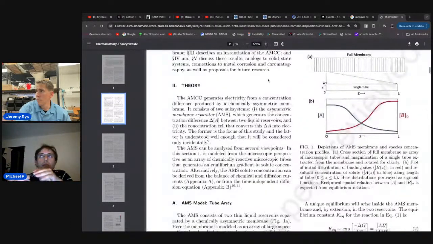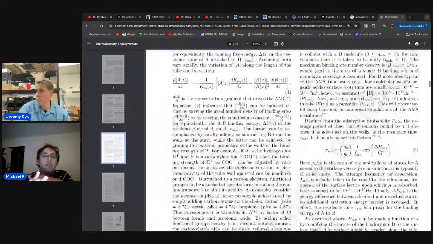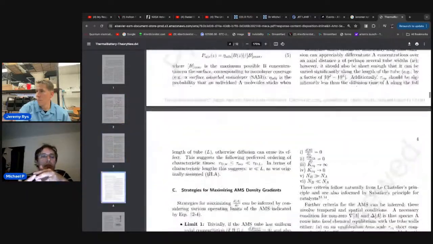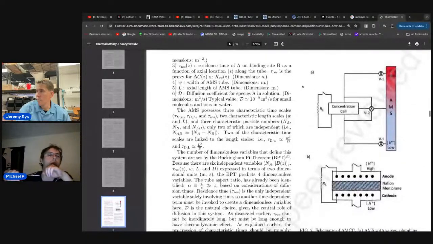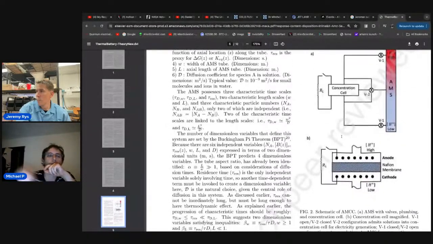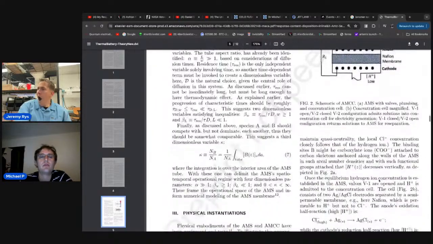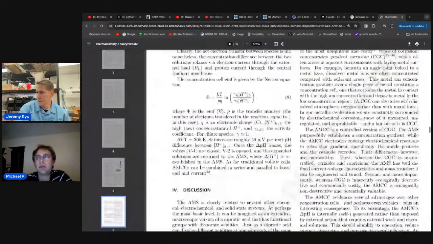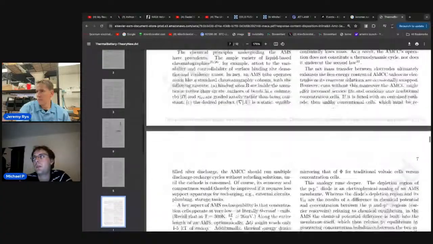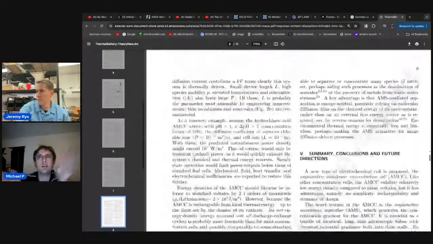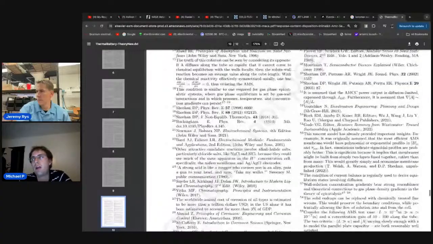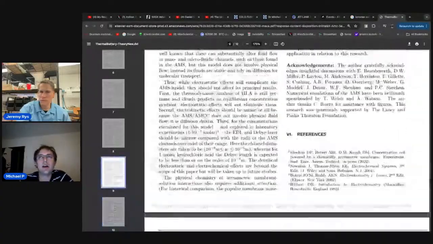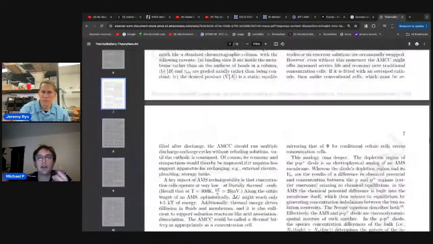If it binds too strongly to the tube wall, if the adsorption chemistry is too strong, then it'll get stuck in the tube and it just won't come out. So there needs to be ion exchange at the interface between the reservoirs and the inside. But if you have that, then you get this pH gradient through the whole thing. So assuming you have the correct salts and the correct ionomers, then this happens.